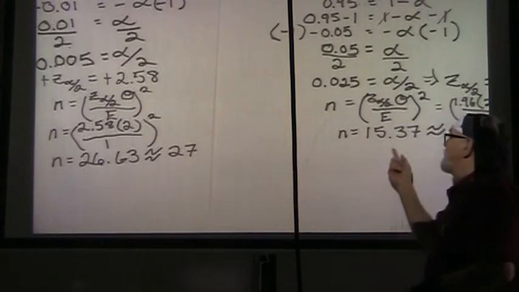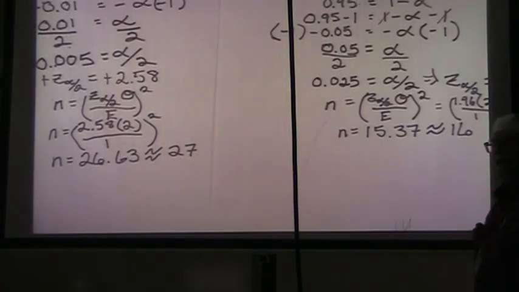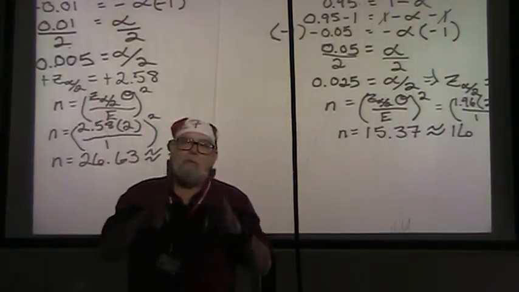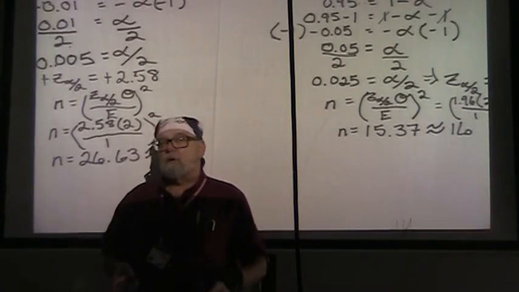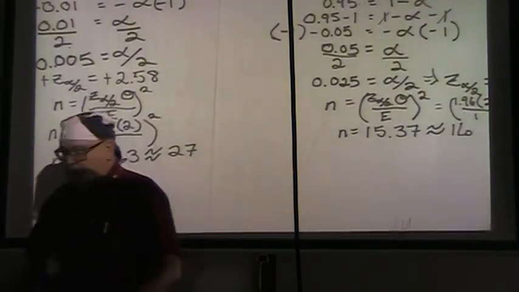Whereas when we do 95%, we only need 16 samples, right? The more percentage accurate we want to be, the more samples we have to have.